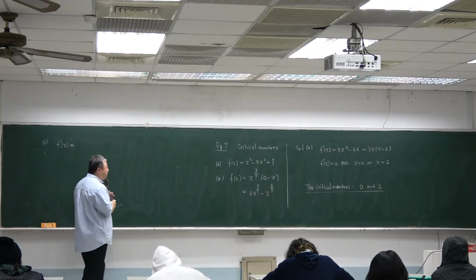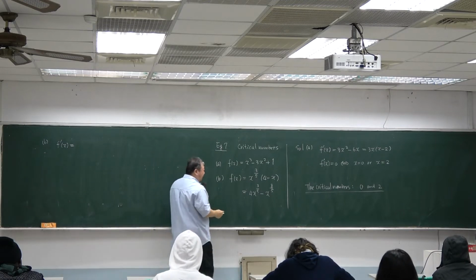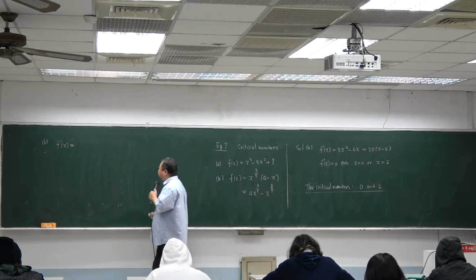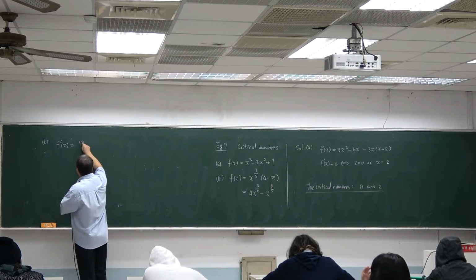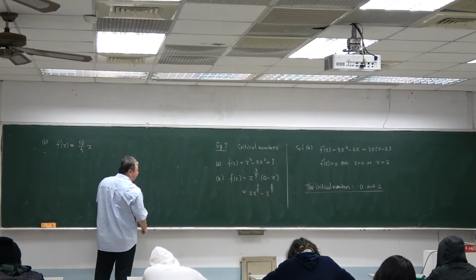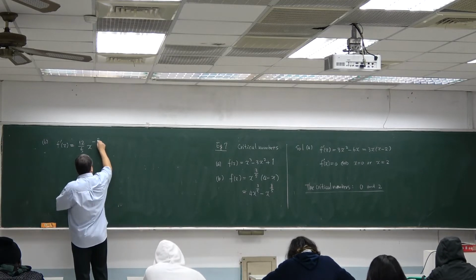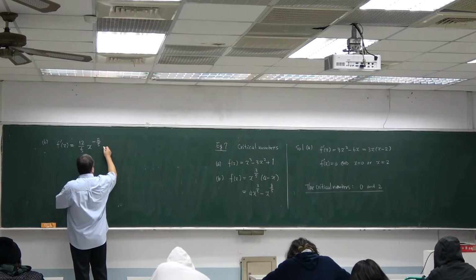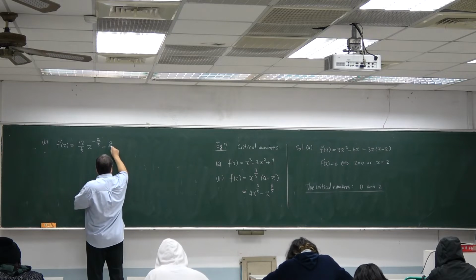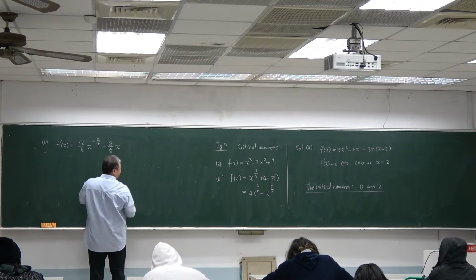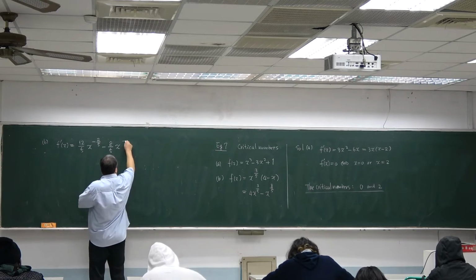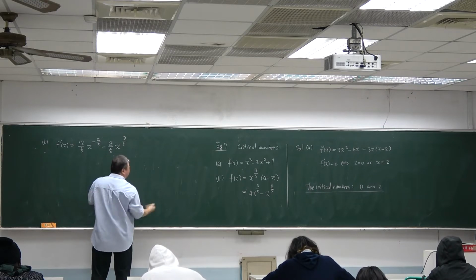Again, we use the power rule. So 12/5, this is minus 2/5 minus 8/5, x with an exponent 3/5. Power rule.